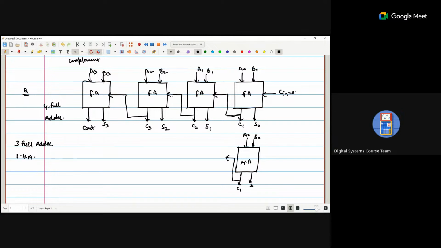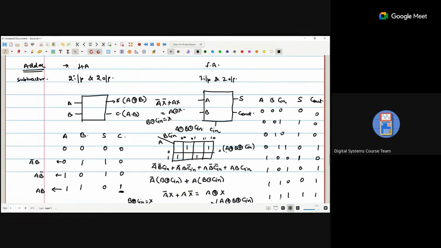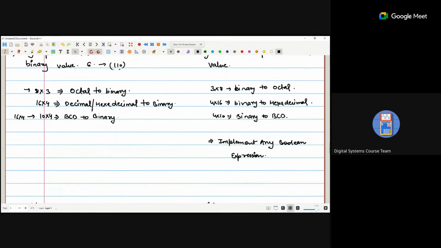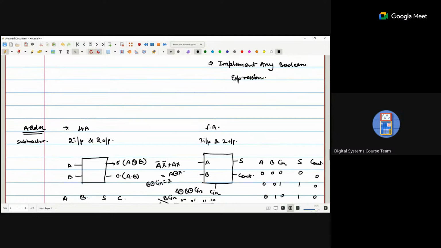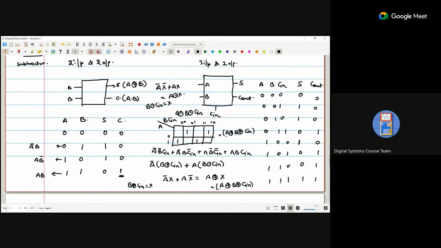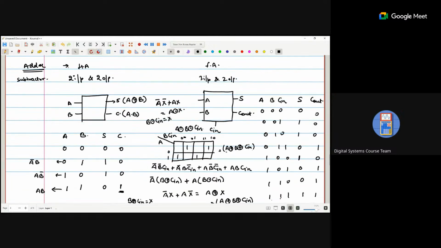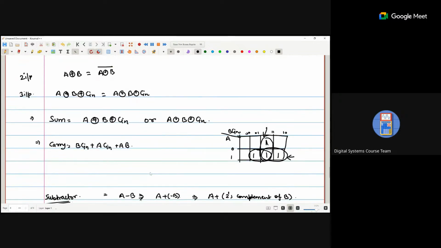Now why half adder? What is the benefit if we are using the half adder and not the full adder? The benefit is, if you go with the equation part, a half adder is implemented with 2 gates: one is a 2-input XOR gate, and the second is an AND gate. But for the full adder, for the sum we require two 2-input XOR gates.